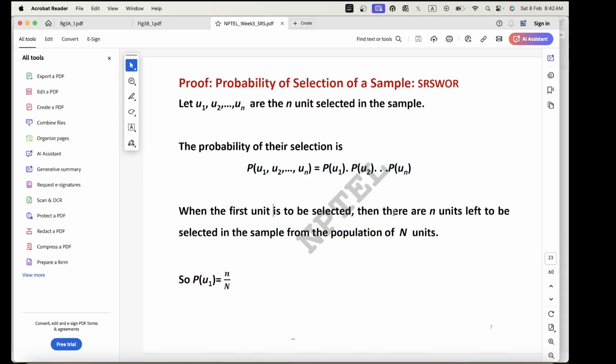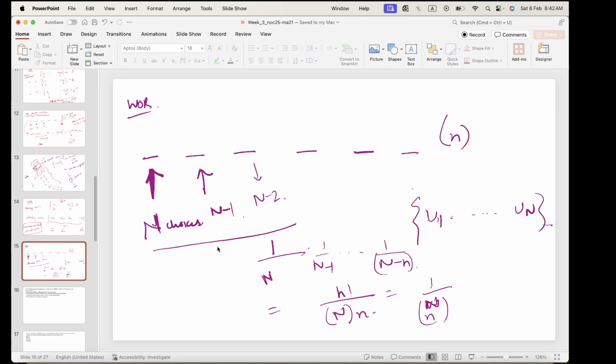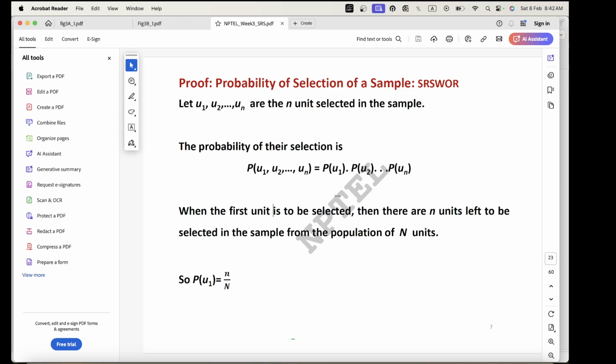First unit is selected, then there are small n units left to be selected from the population of capital N units.